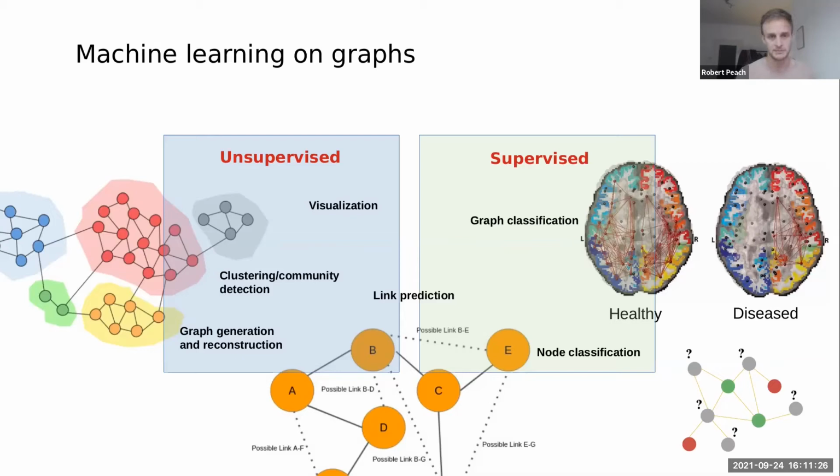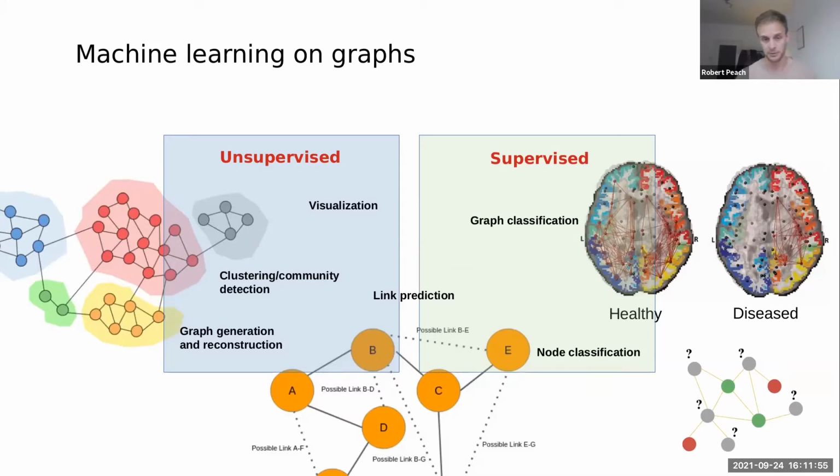So unsupervised learning could be something like visualization, but it could also be community detection, where you're looking for underlying structure in your network, but you don't have any information about the ground truth of that structure. It could be that you have data and you want to generate or reconstruct a graph from data that has been produced from a graph.